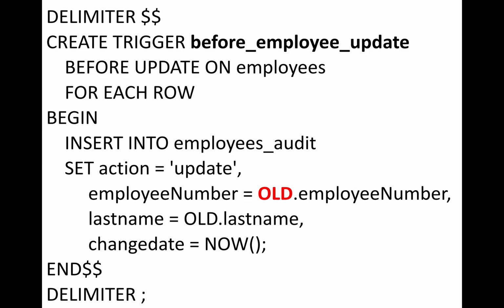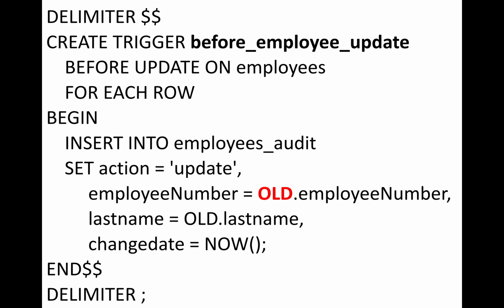So when it starts, what we want to do is insert something into the audit table, to say what's going on. The value of the action is going to be update. The employee number, these are fields in the audit table.